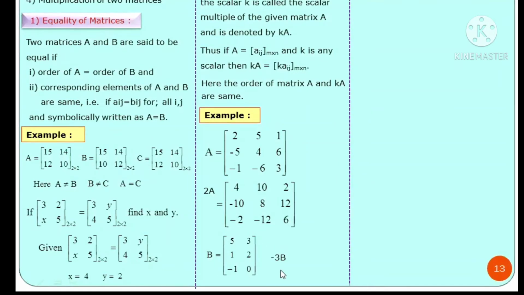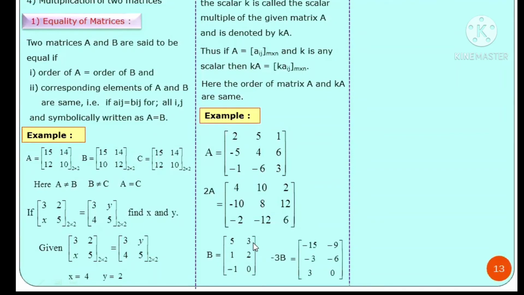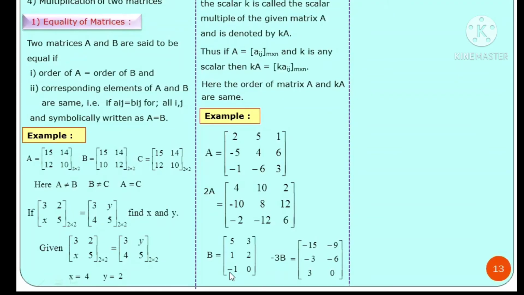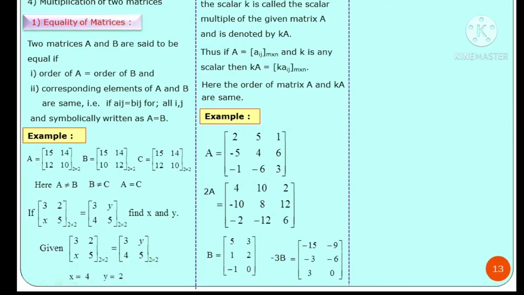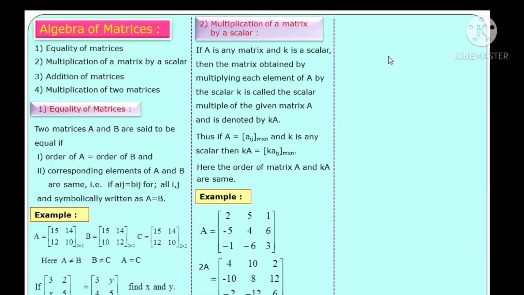After multiplying each element by minus 3, we get minus 15, minus 9, minus 3, minus 6. Observe the last row multiplied by minus 3: minus 3 and 0. Simply, in a matrix you have to multiply each and every element by that scalar.